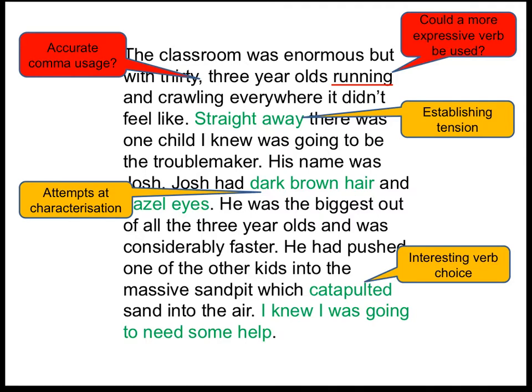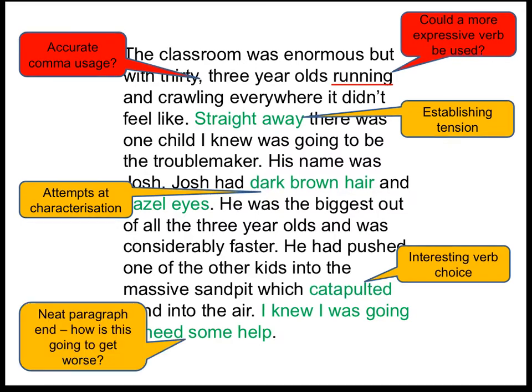In contrast to the previous verb running, that I commented perhaps wasn't all that expressive, the use of the verb here, catapulted, is quite an interesting verb choice. Ending the paragraph with the phrase, I knew I was going to need some help, is quite an effective way to end this particular paragraph. It enables the reader to think, well, how could this situation possibly get any worse?